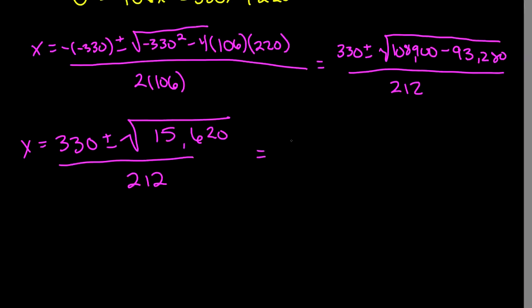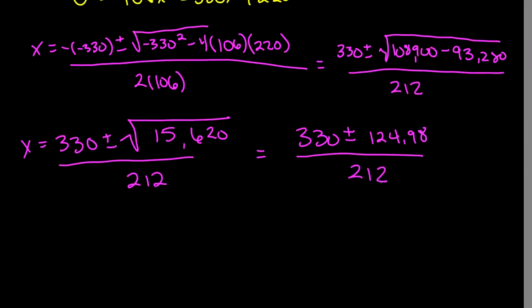So 330 plus or minus the square root of 15,620, which is 124.98, and I am rounding that a little bit, over 212.